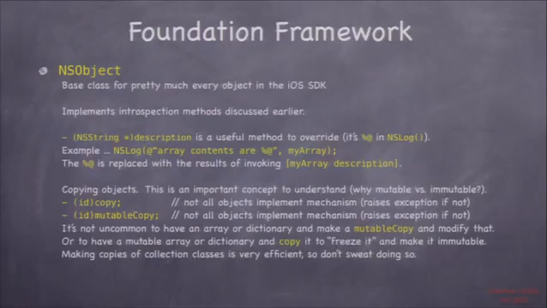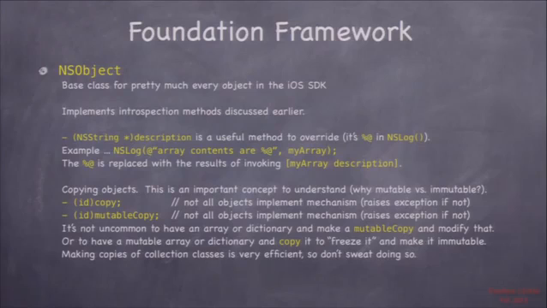One thing to note about copy is, if you send copy to a mutable object, like a mutable array, you don't get a mutable array back. Even though you just copied a mutable array, you get an immutable array back. The semantics of copy are: give me an immutable copy of this object, if possible. The semantics of mutableCopy are: give me a mutable copy of this thing, no matter whether the receiver is mutable or immutable.